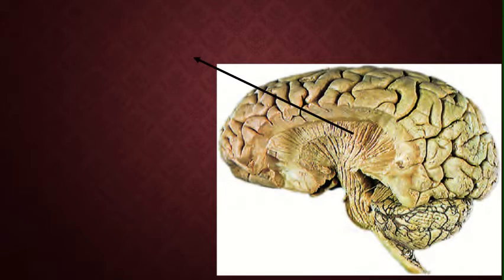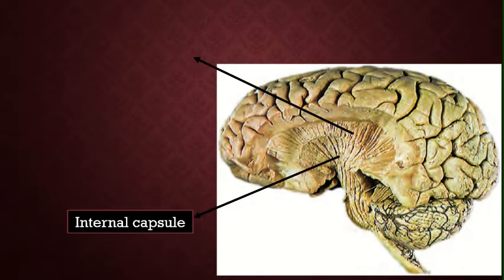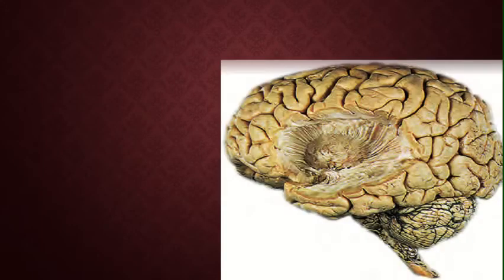You can see the shape of the corona radiata is like a crown. These are the internal capsule fibers, and these are the crus cerebri. Moving to this, here you can see the outer margin of the lentiform nucleus, that is putamen.